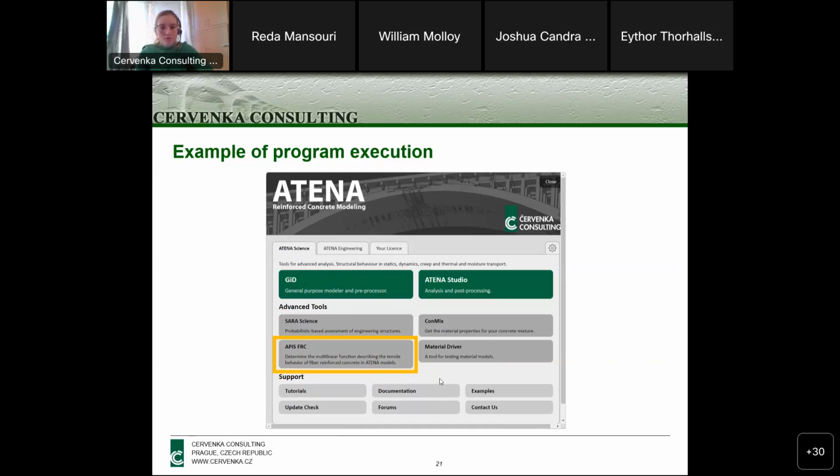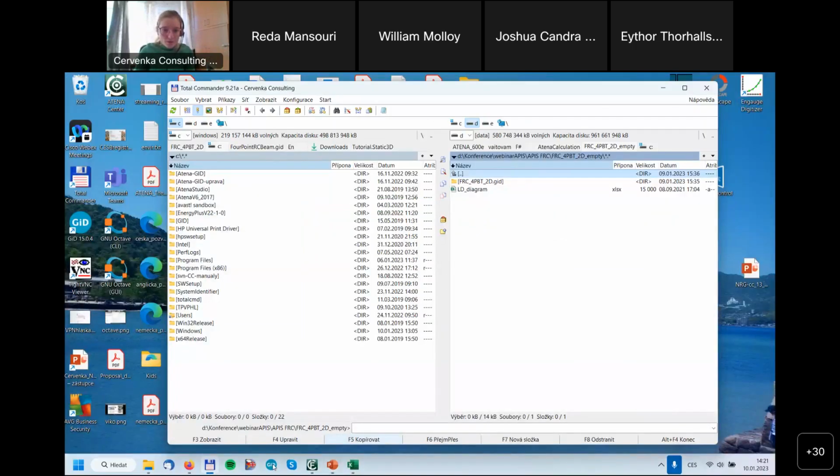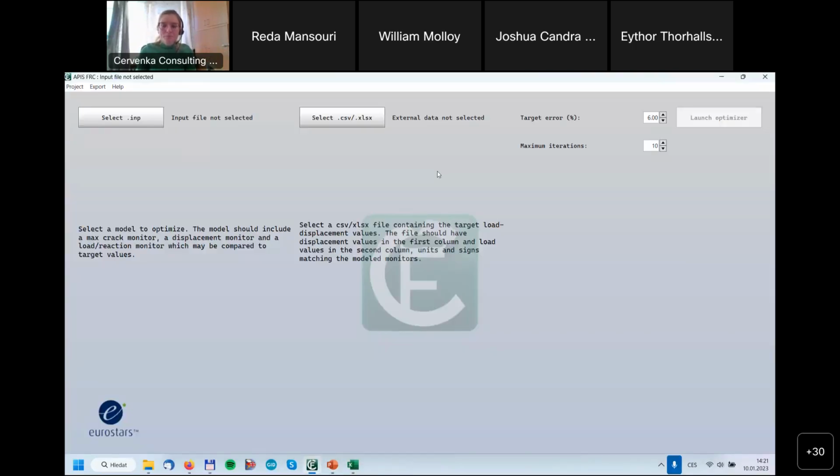So I will try to leave the presentation, and when you open the APIS interface, there are two main parts. The first part is where you are loading the model itself with an input file.